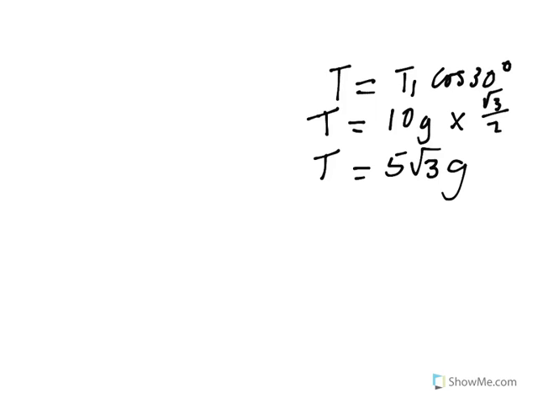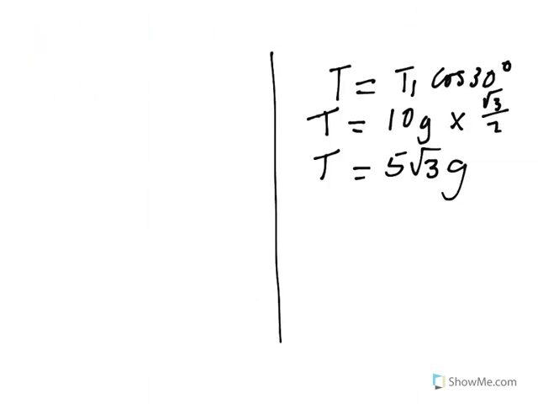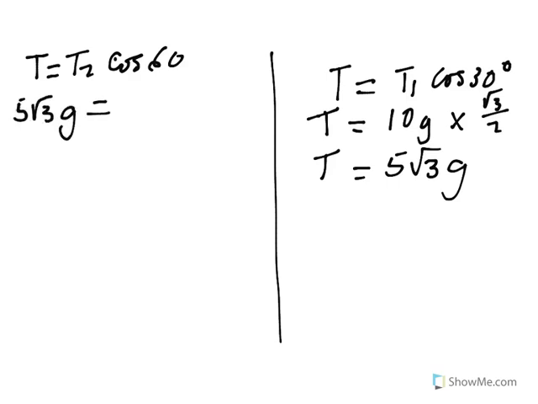Alright, the other thing we were asked to find out was this mass, M. Alright, so we know T now, so we can look at these two. T equals T2 cos 60. And we know that T is 5 root 3 g. So T2 cos 60, cos of 60 I think is 1/2.